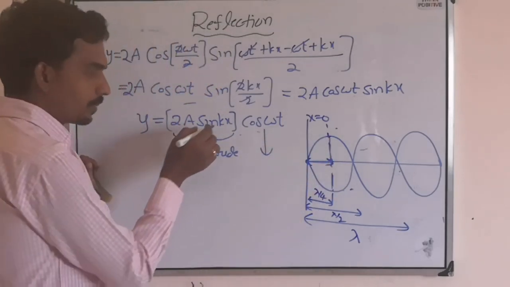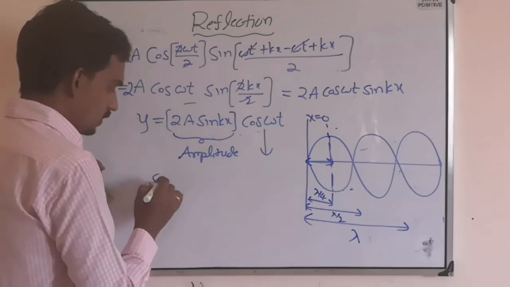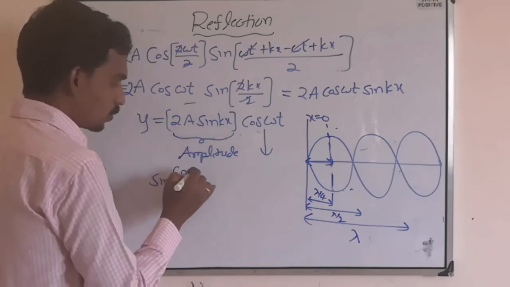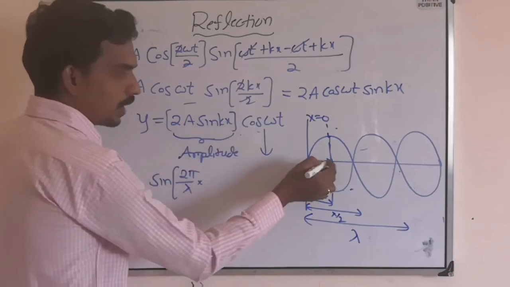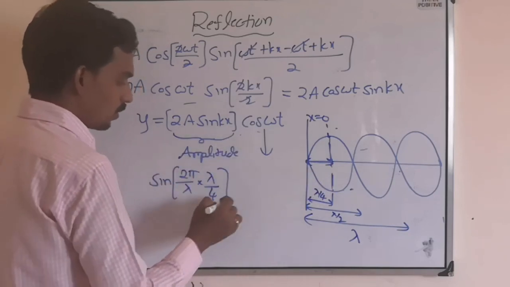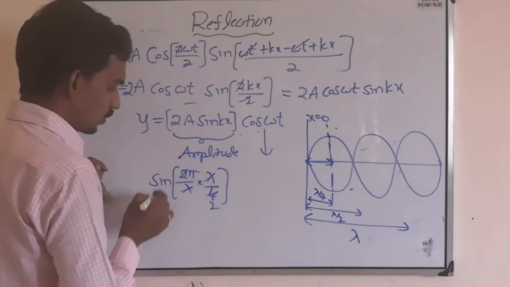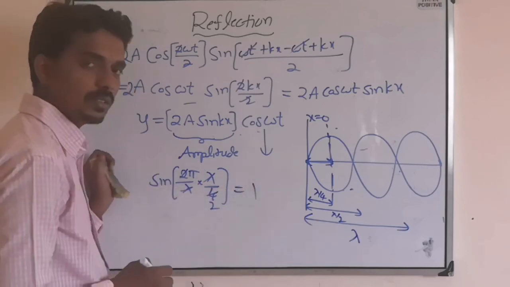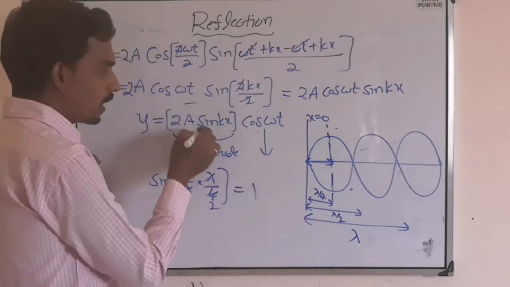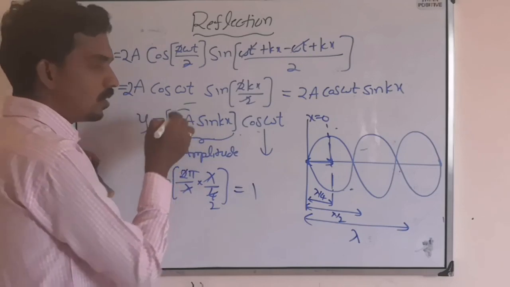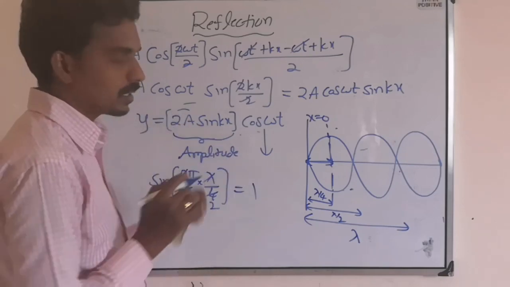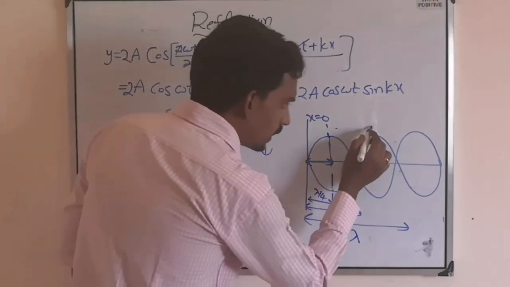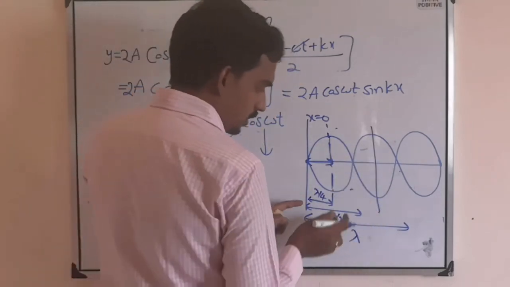So if you substitute, k means 2 pi by lambda, x value is lambda by 4, so lambda cancels, the 2 and 4 reduce, sine pi by 2, how much? 1. So sine pi by 2 is 1, what is the amplitude now? 2a, maximum. Similarly at this position, what is the distance?